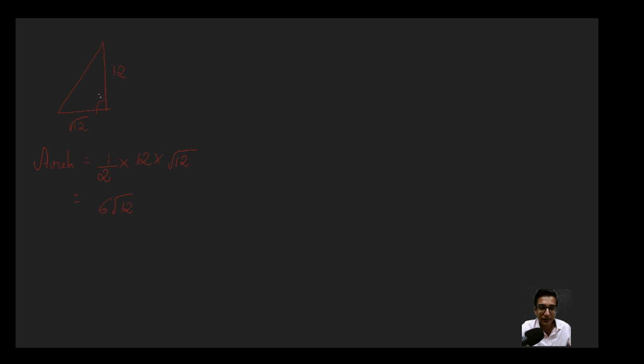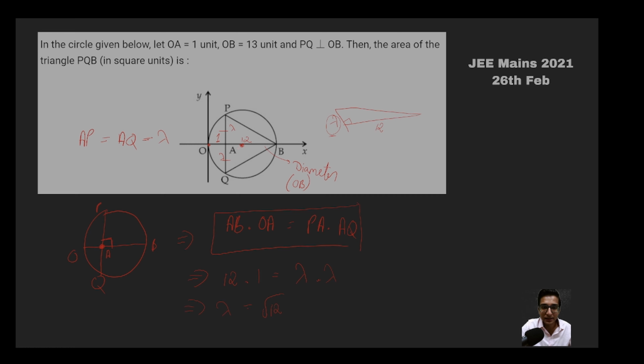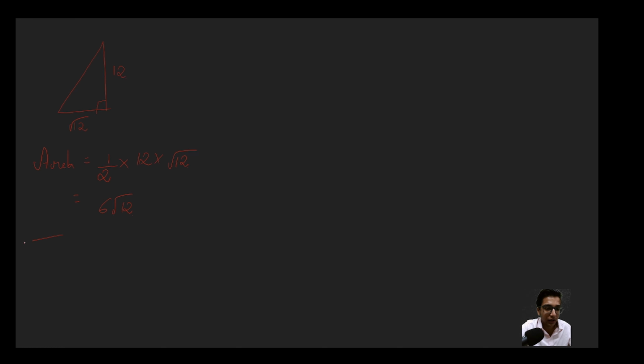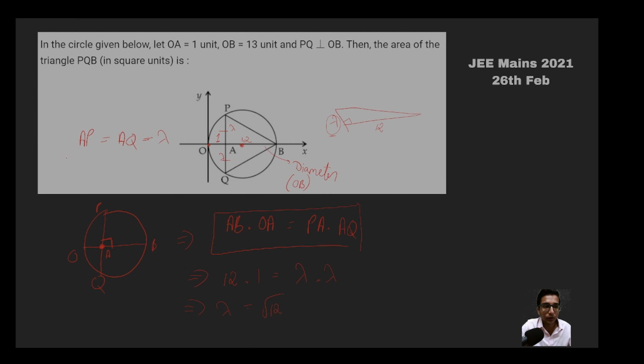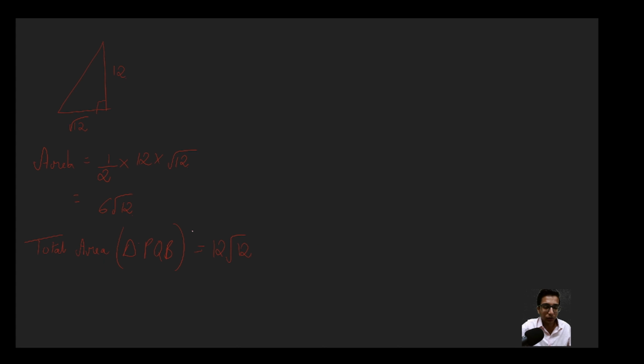And since there are two similar triangles whose area we need to find, our total area of triangle PQB would be equal to 12 root 12. We've multiplied it by 2. Or this can also be written in this form, 24 root 3. So this is our answer.